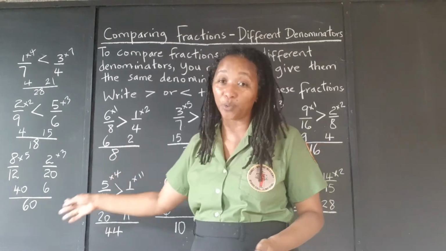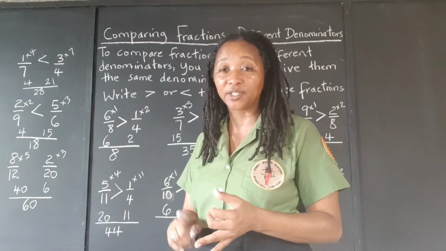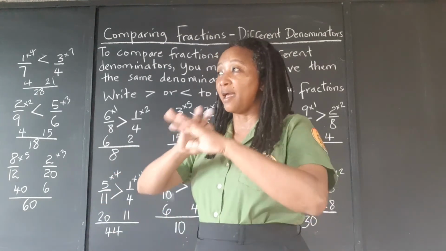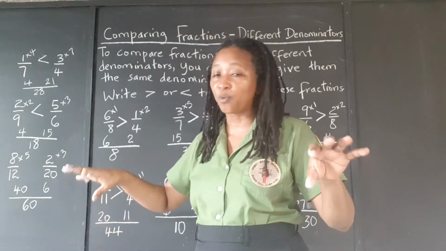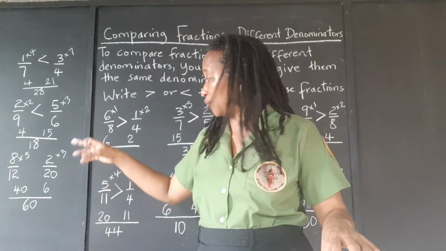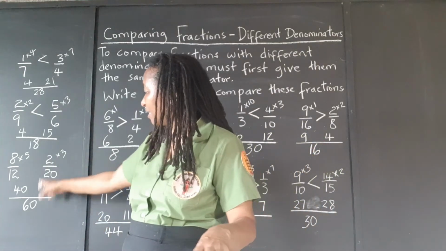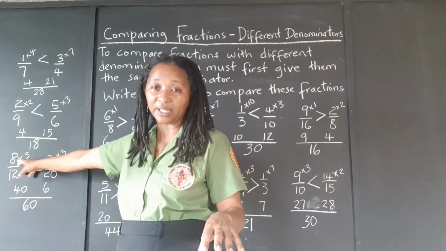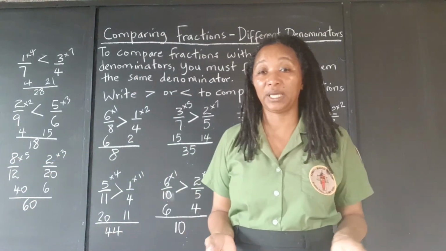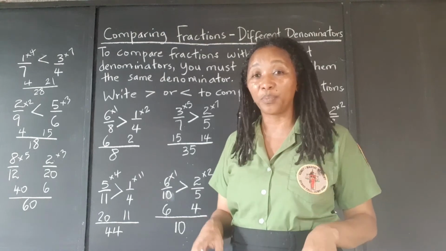That's what we're really doing when we're finding the least common multiple. We're saying everybody is getting this amount, and take out the equivalent of what this numerator would be. That's what we're doing. Then we can really compare them.